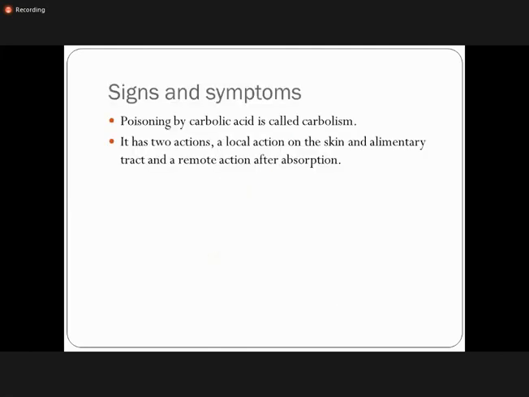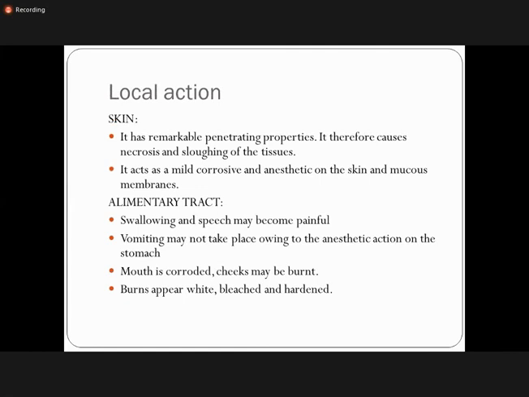Let's talk about the signs and symptoms. Poisoning with carbolic acid is called carbolism. There are two actions, just like oxalic acid may take. One would be a local one, and the other one would be a remote one. The local one would be some local signs of irritation, some ulceration, slight damage to the skin and the GI tract. And then come the remote actions that are the main ones.